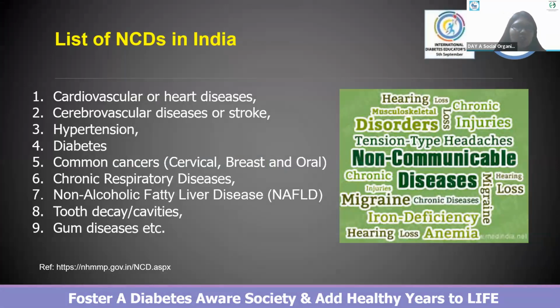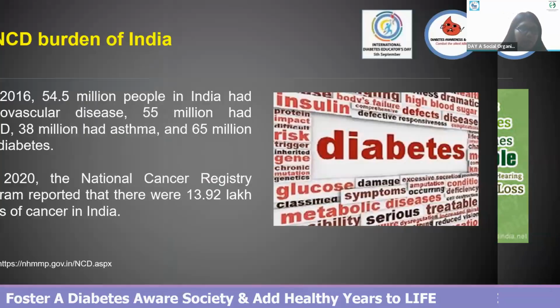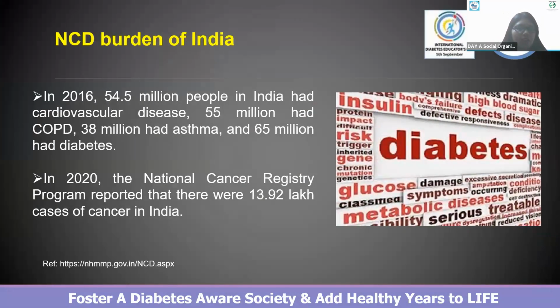So let's see the list of NCDs in India. Cardiovascular or heart diseases, cerebrovascular diseases or stroke, hypertension, diabetes, common cancers like cervical, breast, and oral cancer, chronic respiratory diseases, non-alcoholic fatty liver disease, tooth decay or cavities, and gum disease, etc. Let's see the burden in India.